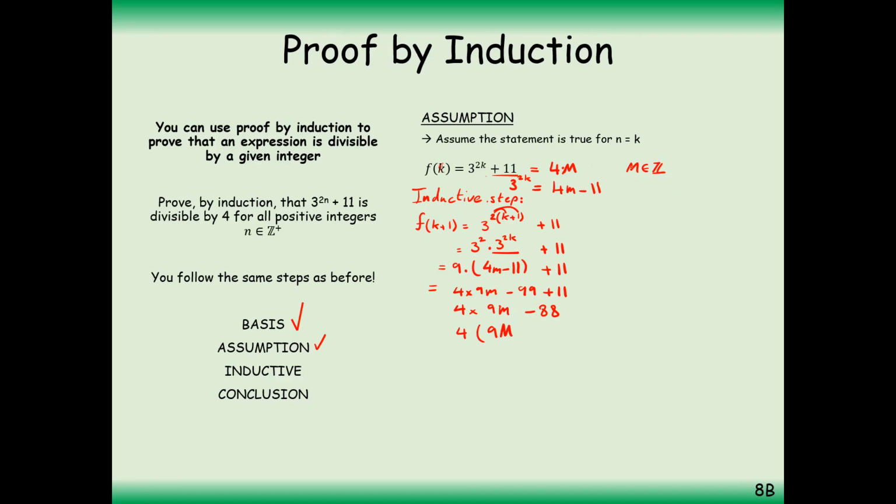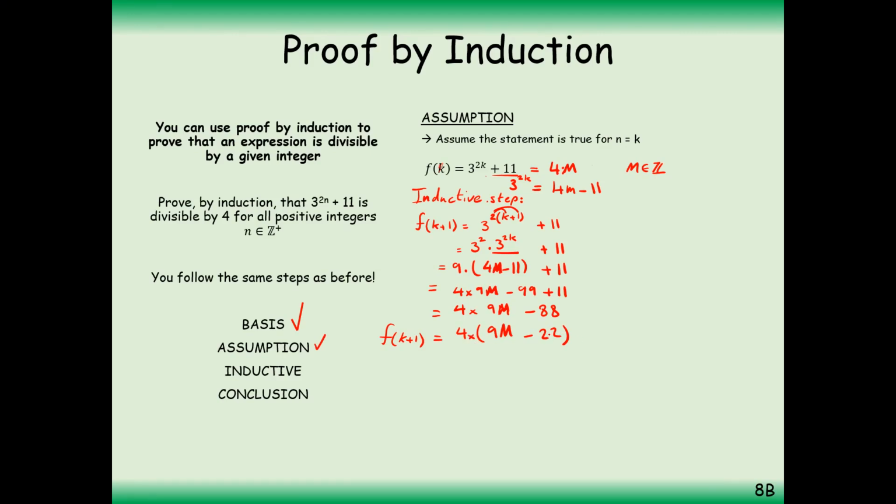Now I started writing capital M and then I replaced that with a little m. I should have kept it in the same form, but m is m in this case, so my apologies for that. So now I have to divide this 88 by 4, which is 22, and this is clearly f of k plus 2, and we have shown at this stage that it is divisible by 4 because 4 was factorized out of the expression.